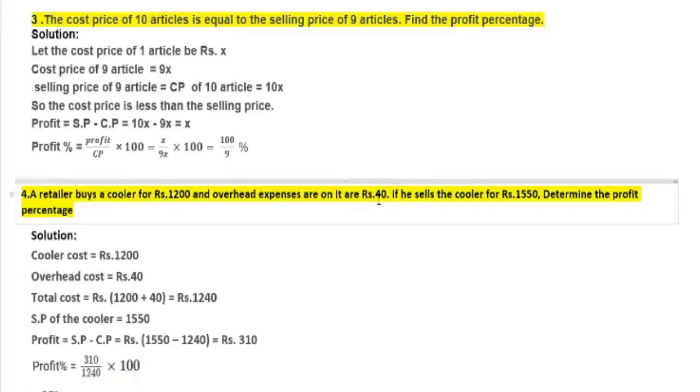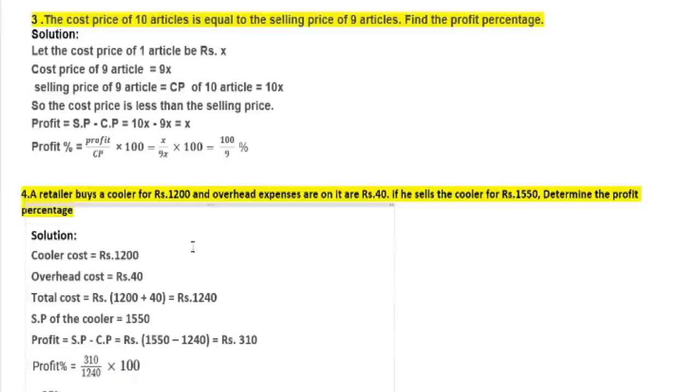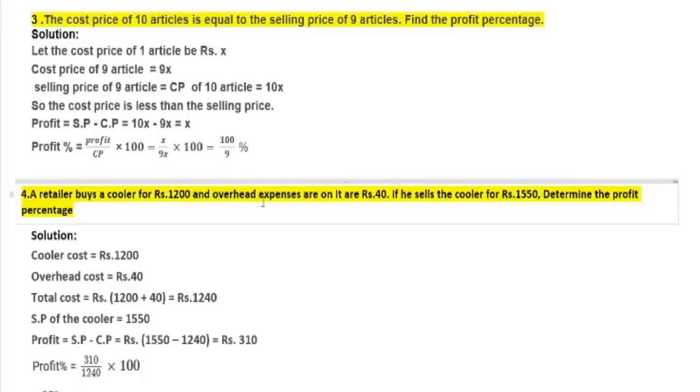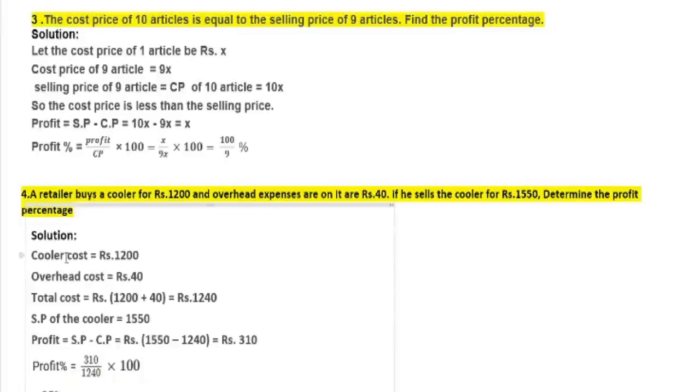So it may be the cost of transportation. Here the overhead charges are always added to the cost price. The cost price of the cooler is rupees 1200 and the overhead cost is rupees 40.